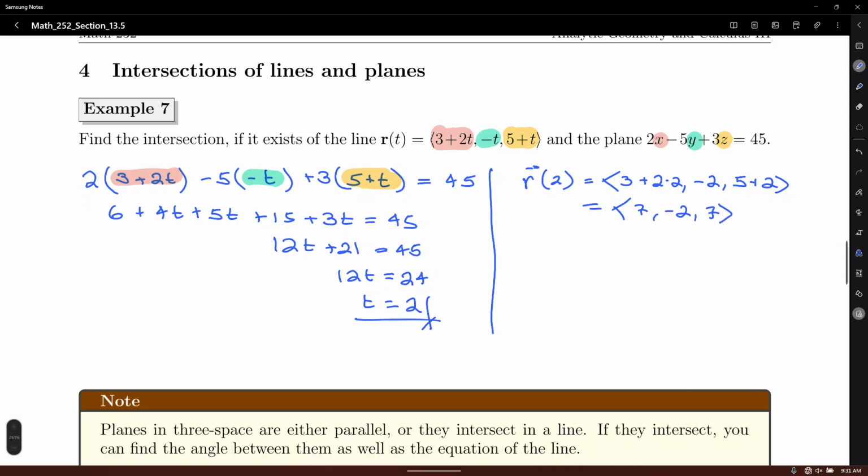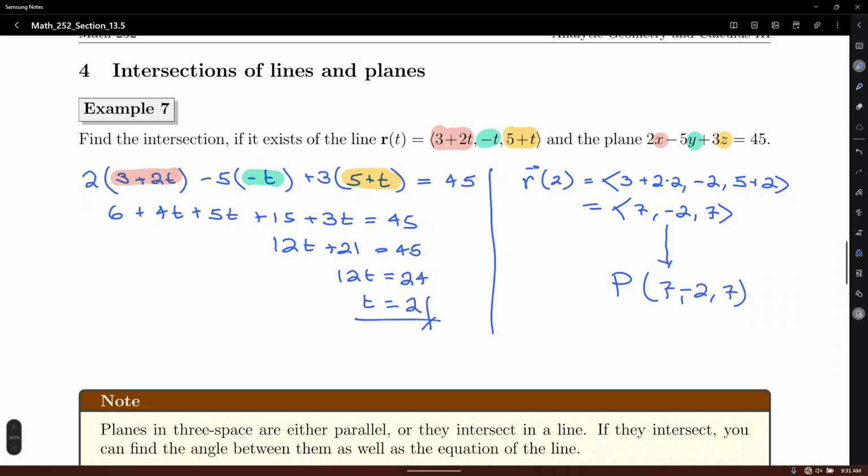But again, this is not a point. This is a vector. We need to express it properly. We're looking for the intersection point, not the intersection vector. Well, in the first place, that doesn't make sense. Intersection vector, right? So no. That means the intersection point is (7, negative 2, 7).